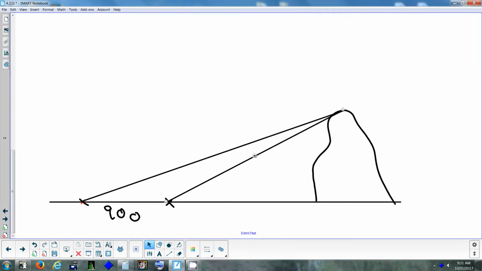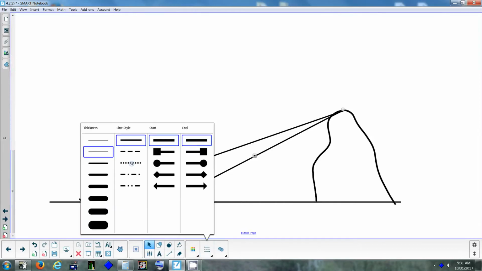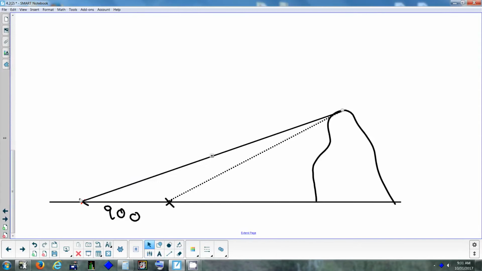I'll put those in as dotted lines, since it's just an imaginary line to the top of the mountain.